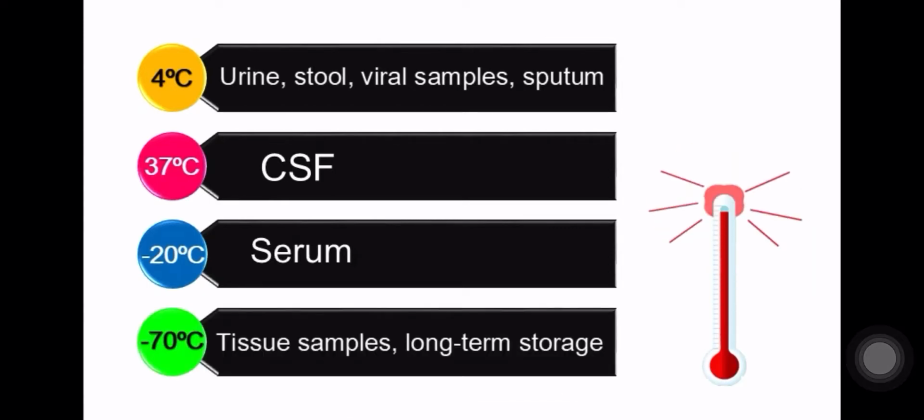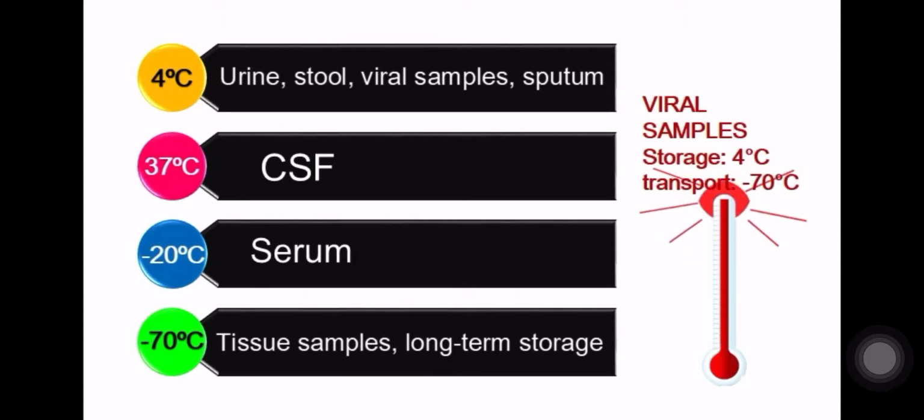And lastly, -70 degrees Celsius for tissue samples and long-term storage. Another thing for viral samples: transfer temperature is at -70 degrees Celsius, but storage temp is 4 degrees Celsius.